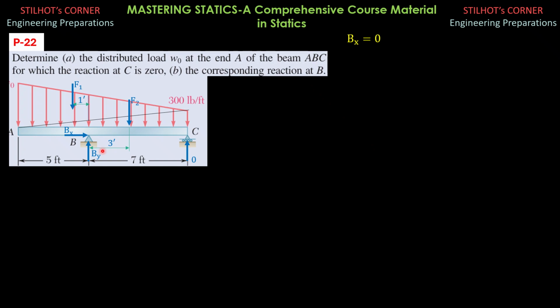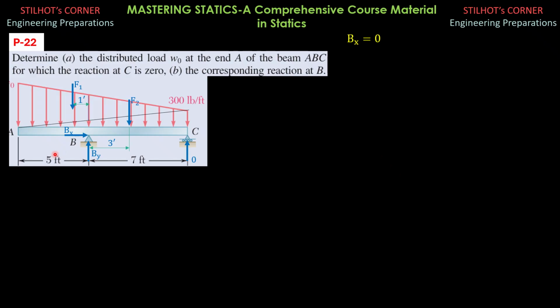Then to solve for WO, by the way, F1 is located here, and the distance of F1 from the left is 1/3 of the base. So the base is 5 feet plus 7 feet, 12 feet. 1/3 of 12 is 4 feet. So this distance from the left or from A is 4 feet.